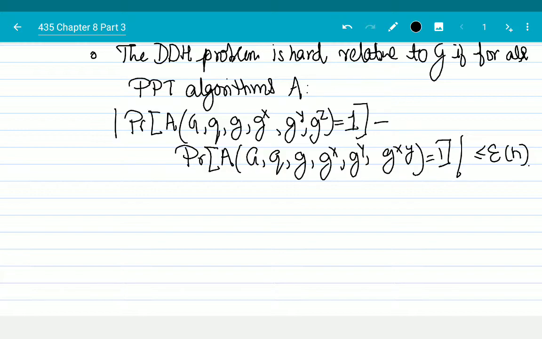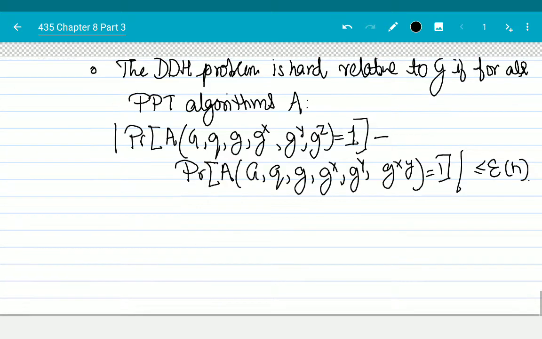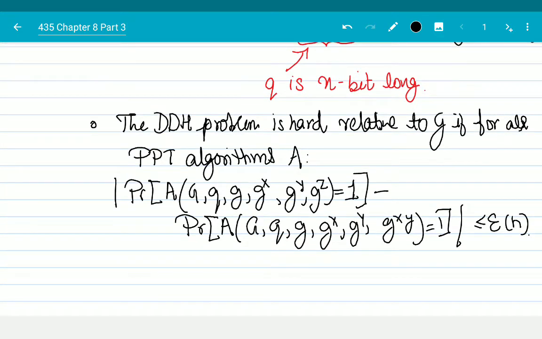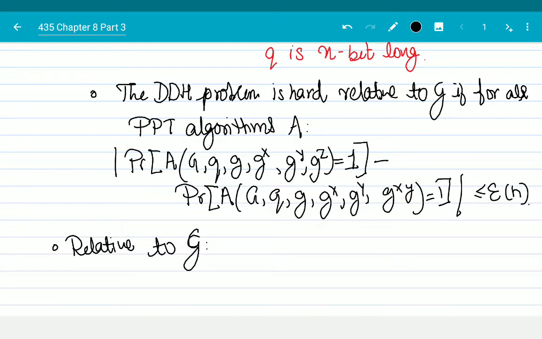Basically, there should be no reliable distinguisher who can say, oh, yes, this is actually g to the xy. It should not be able to separate it from just an arbitrary element. Okay? Once again, all of this is relative to the group generation algorithm.